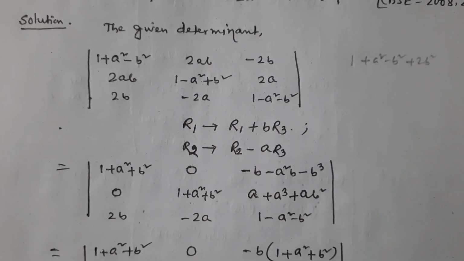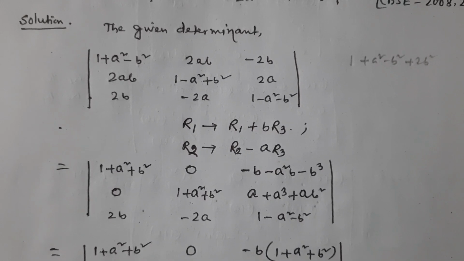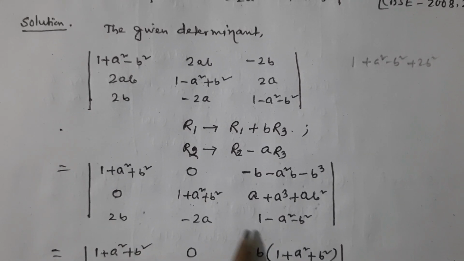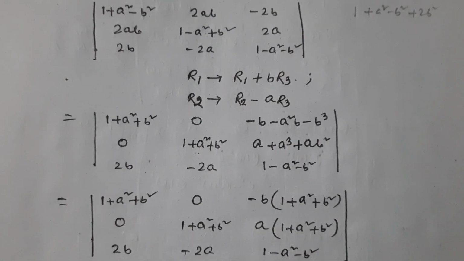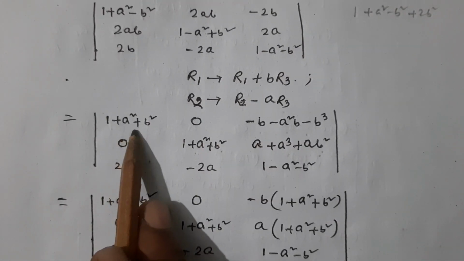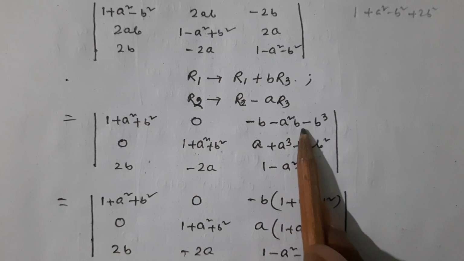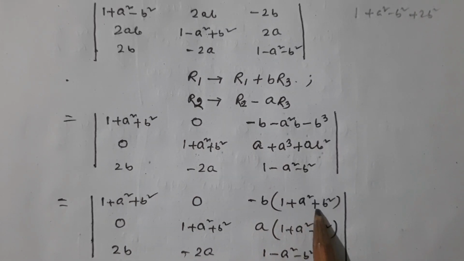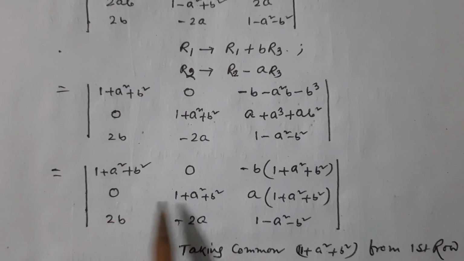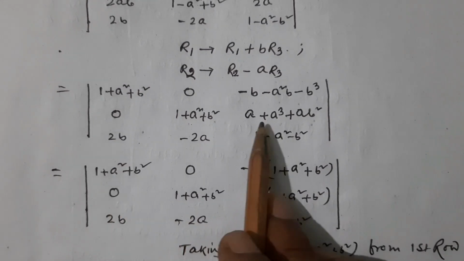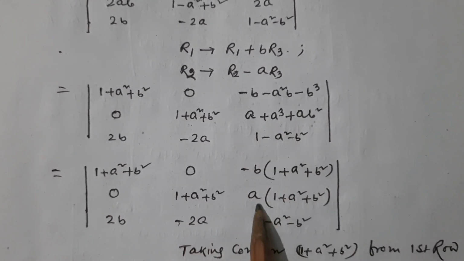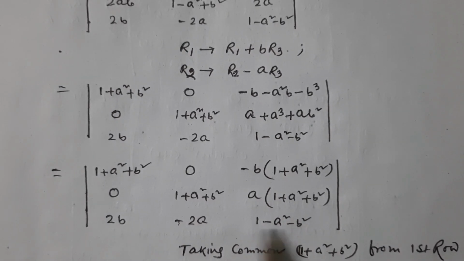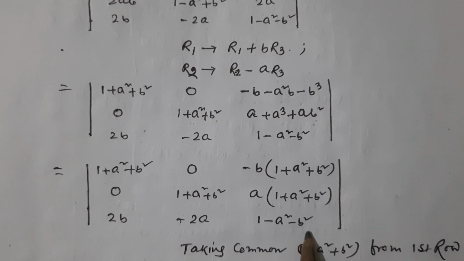Maximum we can apply two rows and two columns, so the third row is unchanged. Simplifying, the first row is 1+a²+b², 0, and taking common minus b, minus b(1+a²+b²). The second row is 0, 1+a²+b², and taking common a, a(1+a²+b²).